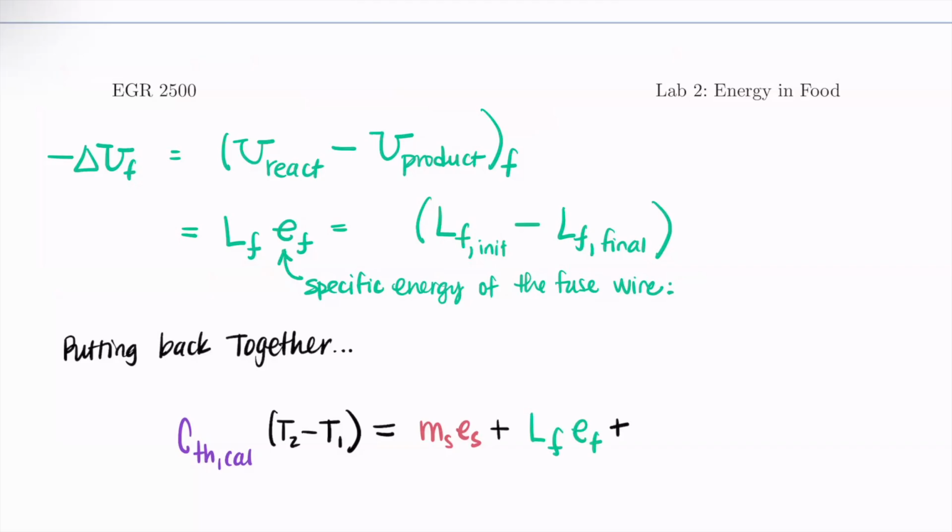plus we had the work of our electricity, right? So I can write this work of the electricity as LF times a specific work of the fuse. It's really hard to make capital and lowercase w's look distinguishable from each other. So that's a little w. There, I guess that's a little bit better.